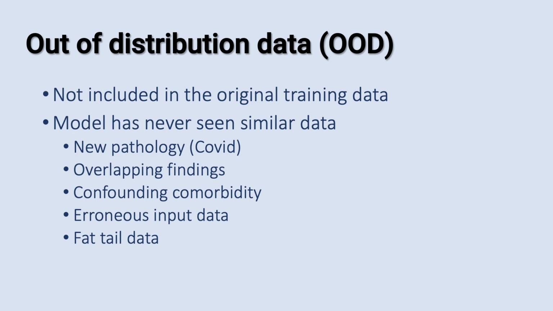Now, it can come because a new pathology shows up like COVID, but more commonly what we see are things like overlapping findings. You have two diseases that cause the same finding. Or you have confounding comorbidity. A good example is patients who could have rip-roaring tuberculosis, which normally causes a lot of inflammation, which we see as white stuff in the lungs.